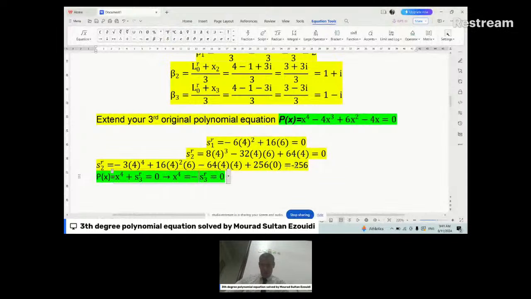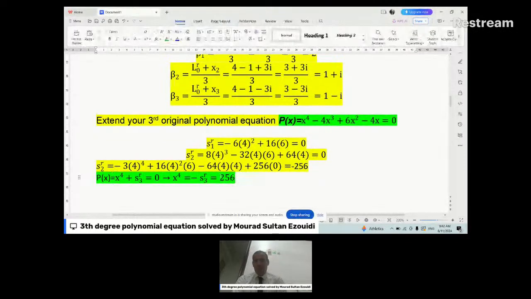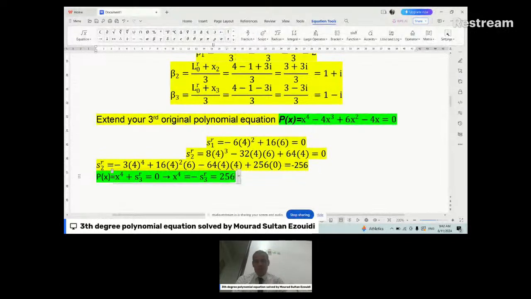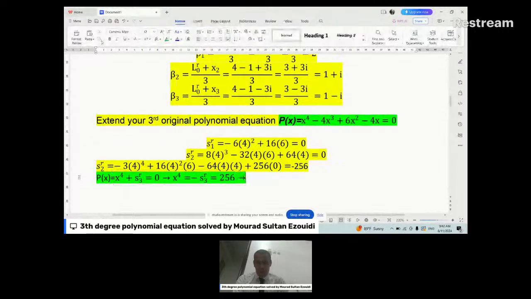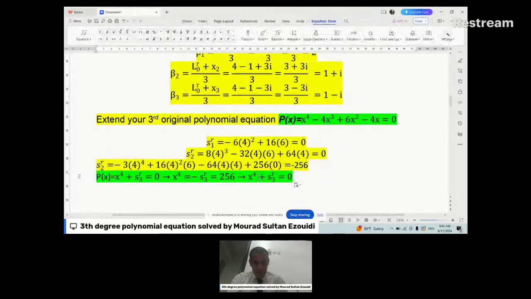But S3 is negative, so it will be exactly 256. So x4 equals 256, learners. I'll write it here: x4 equals 256, equals 4 raised to the power what?